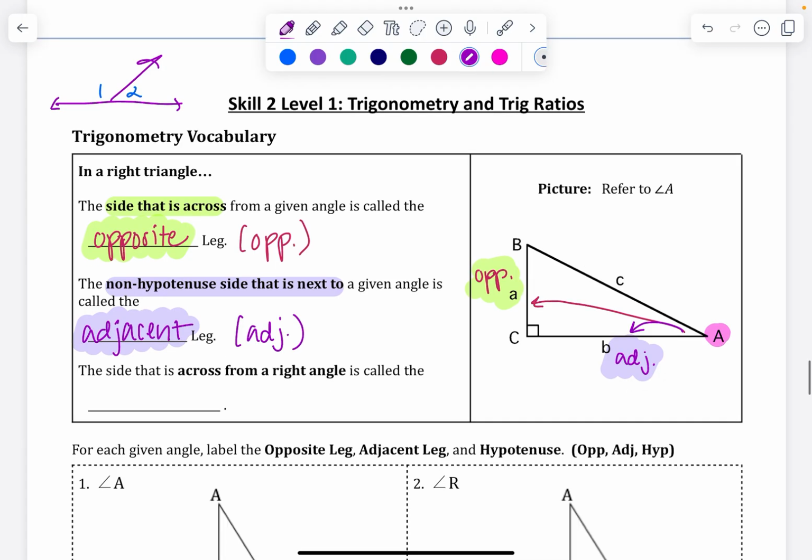And then we know this from last time: the side that is across from the right angle is called the hypotenuse. I like to abbreviate it as HYP. That is the hypotenuse.